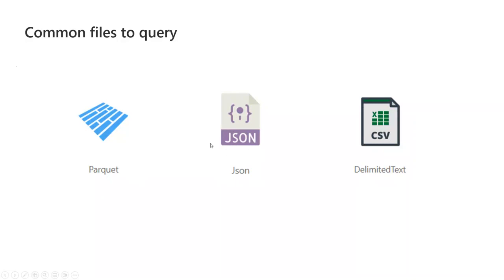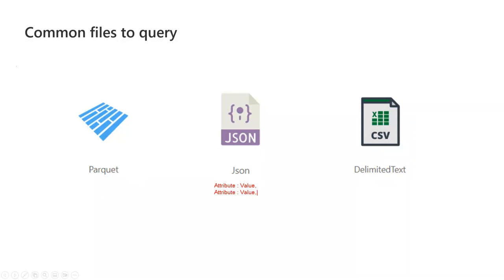JSON is like, let's say, key per value. You have an attribute, and then you have a value for that attribute, right? And then you're going to have another attribute, and get another value.